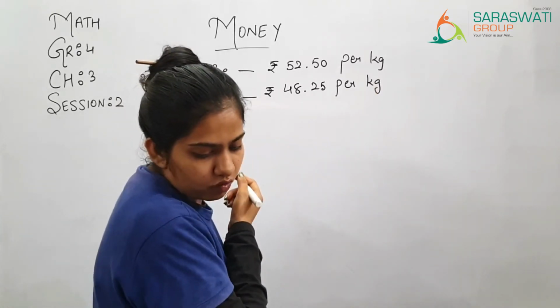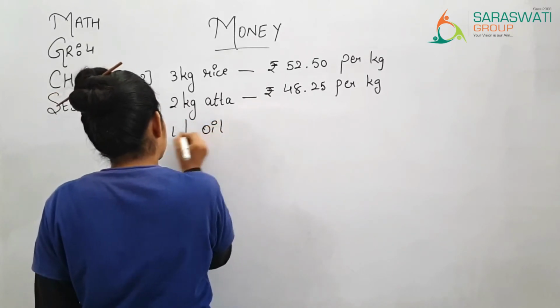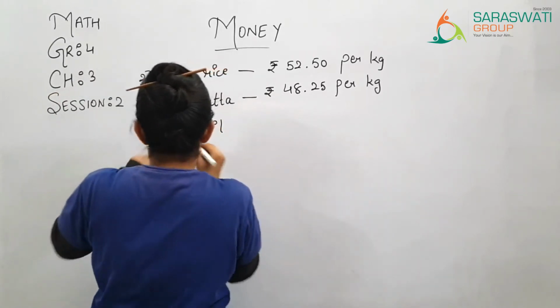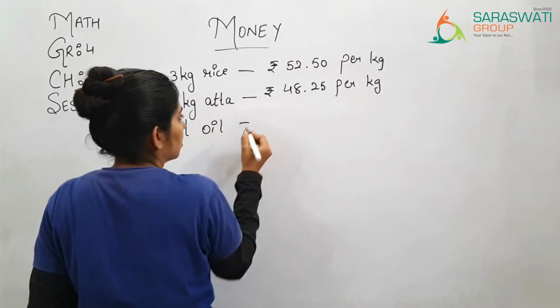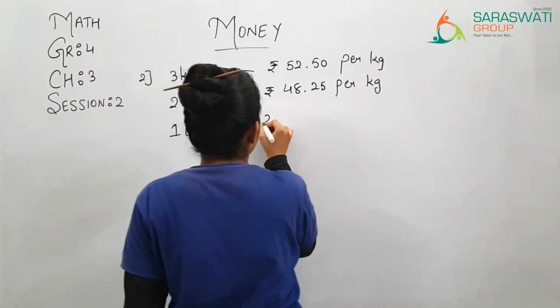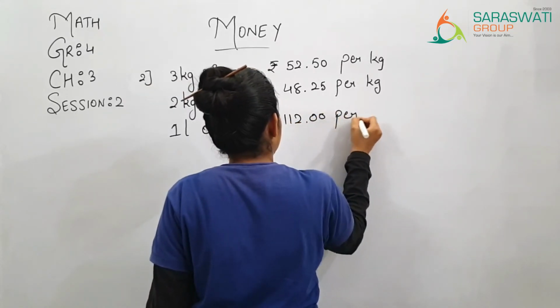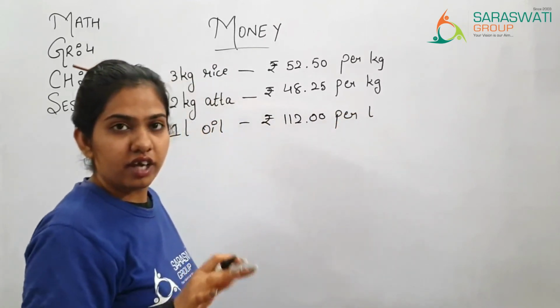Then 1 liter oil, rupees 112.00, that is per liter, right?